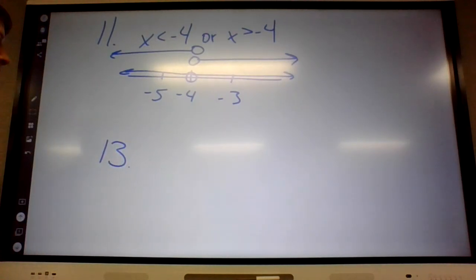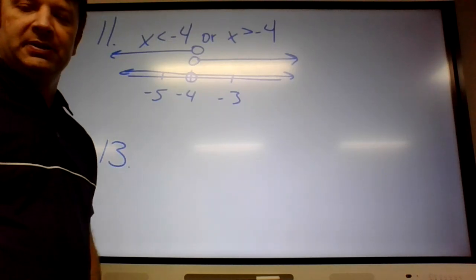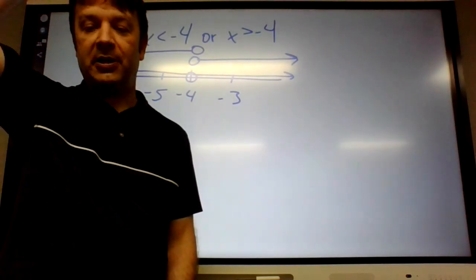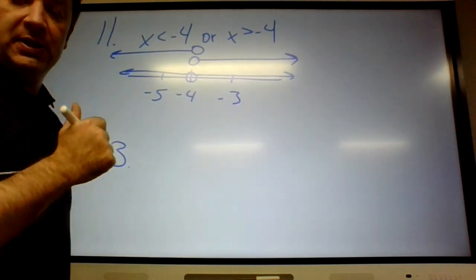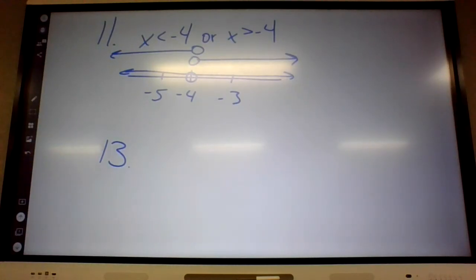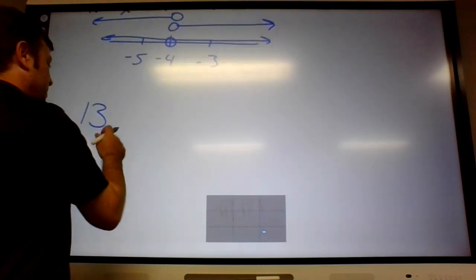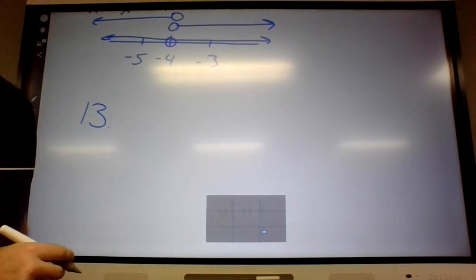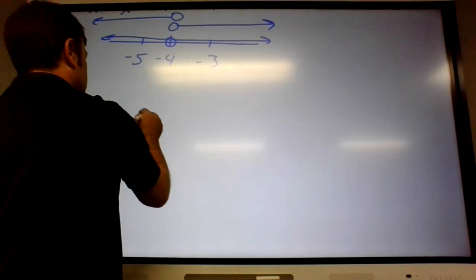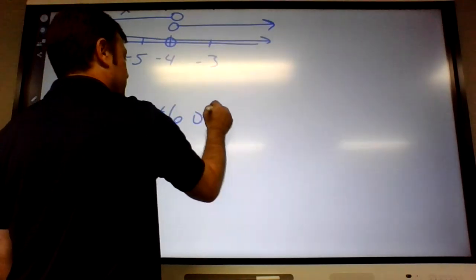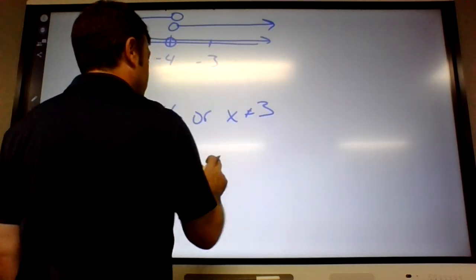All right, 13 is not graphing, but to explain it, I am going to draw a graph. So 13 just says what numbers are not equal to 6 or not equal to 3. Not equal to 6 or not equal to 3.